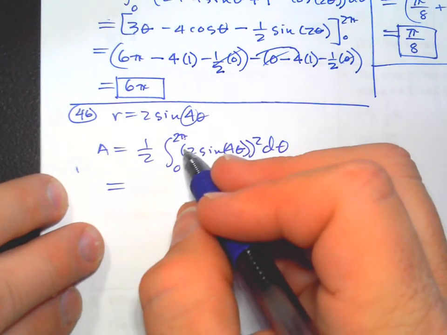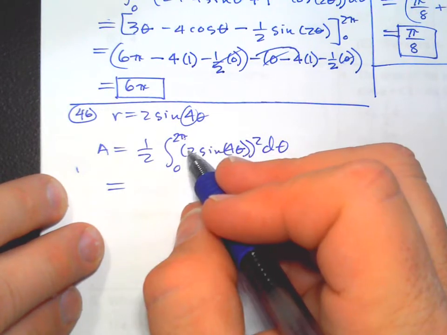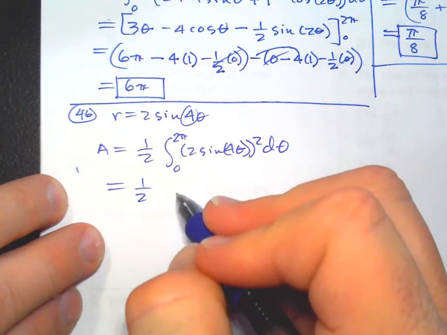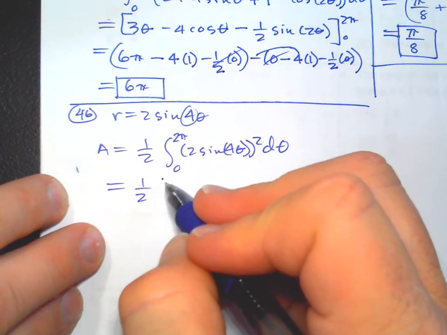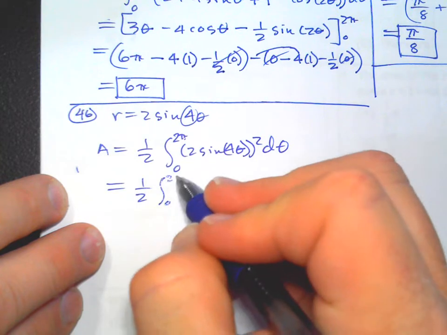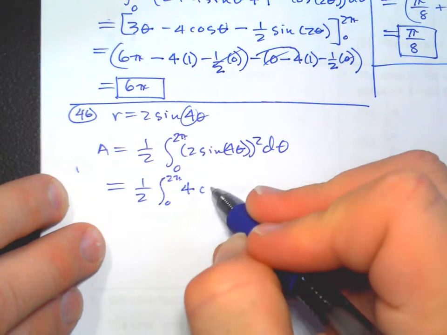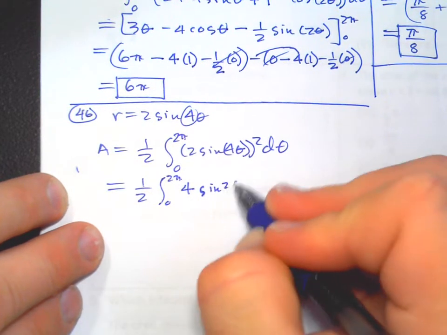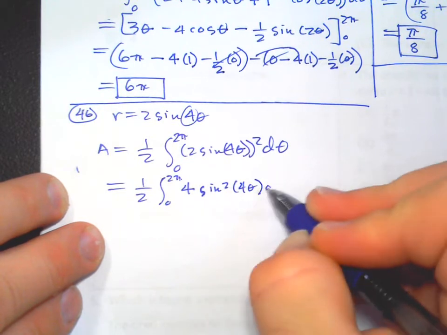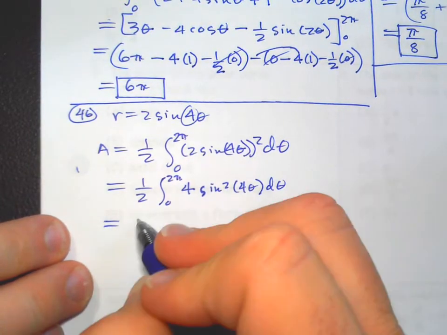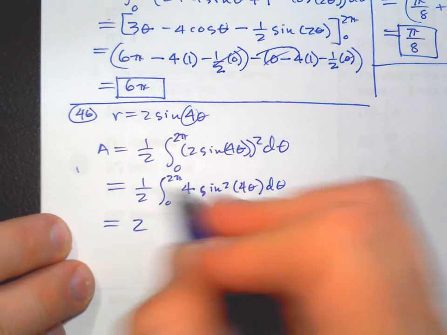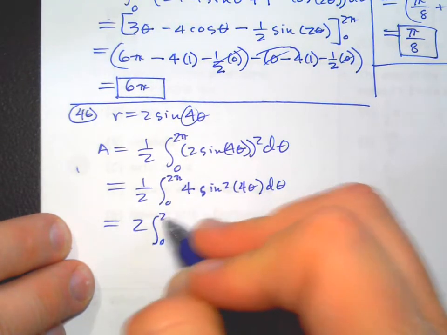So that's going to be a 4. So we need to use a double angle. So I'm going to move that 4 out front. So 0 to pi.